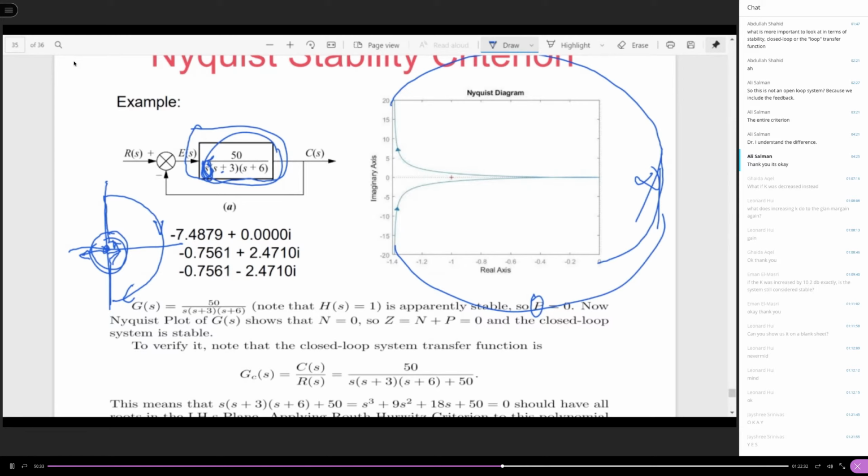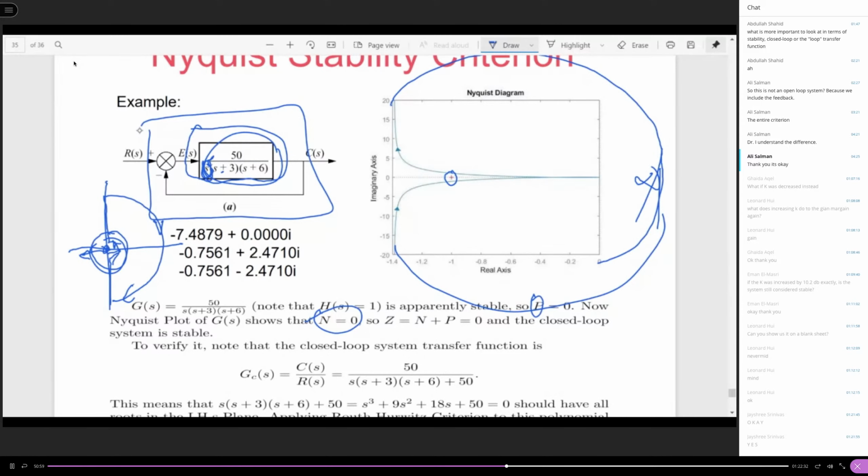So where is the minus 1 point? It's here. You can see that apparently N is equal to 0. There's no encirclement around the minus 1 point, right? So you can predict that the closed loop system is stable.